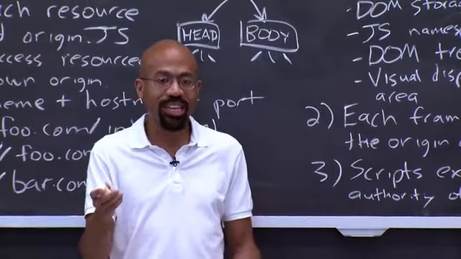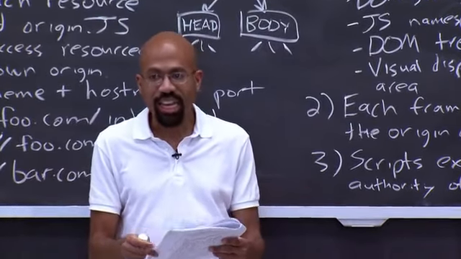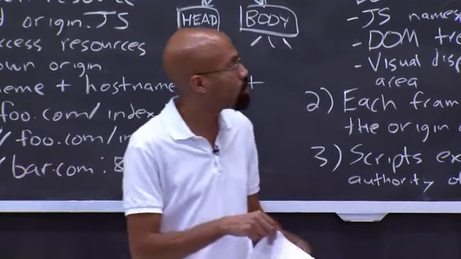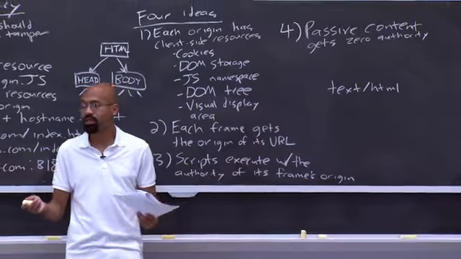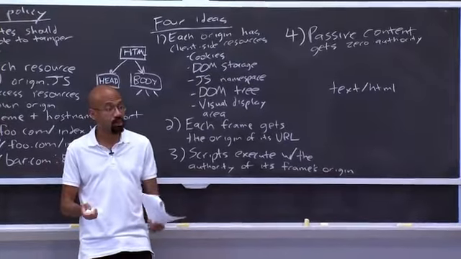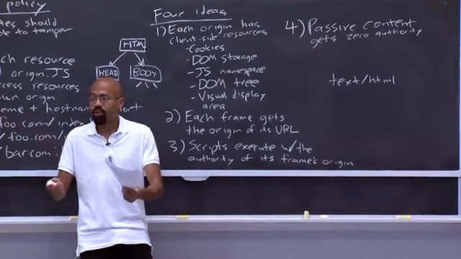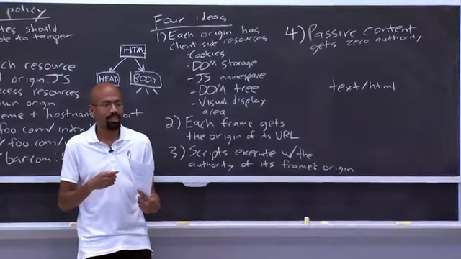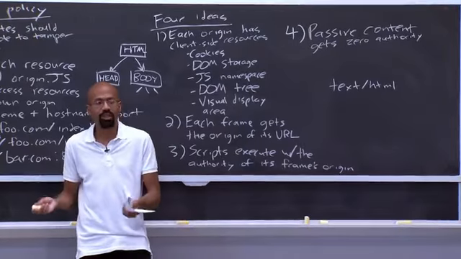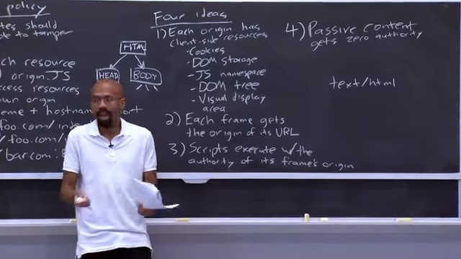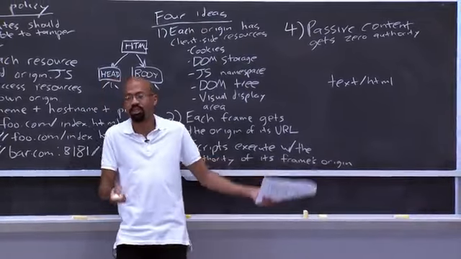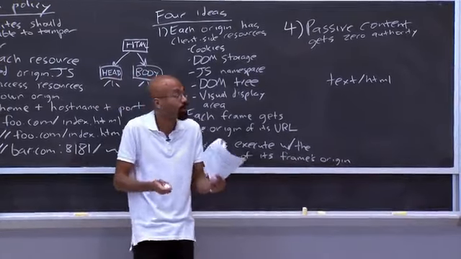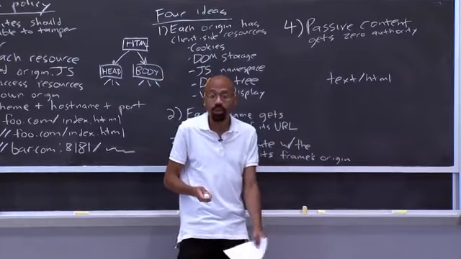But this is clearly a vulnerability, right? Because suppose that a page includes some passive content, like, let's say, an image from a domain that's controlled by the attacker. Now, from the perspective of the victim page, even if this attacker site is evil, it's passive content. It can't do anything, right? Like, at worst, it displays an unfortunate image, but it can't actually access any code because passive content gets zero authority, right?